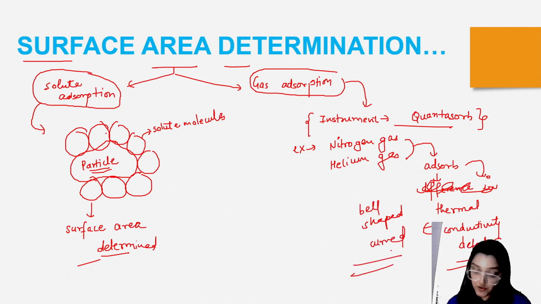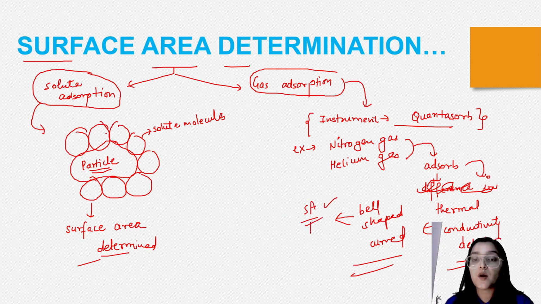From the curve that you get from the adsorption on the surface of your particles, you can assume this will be the height, and this will be the area under the curve. From the parameters of the curve, that is the height, signal ratio, and the area under the curve, you can get the surface area, right?